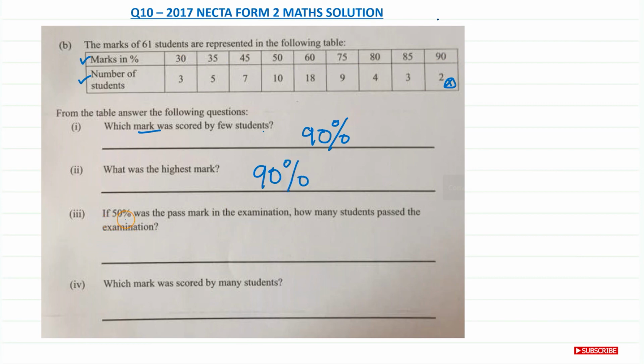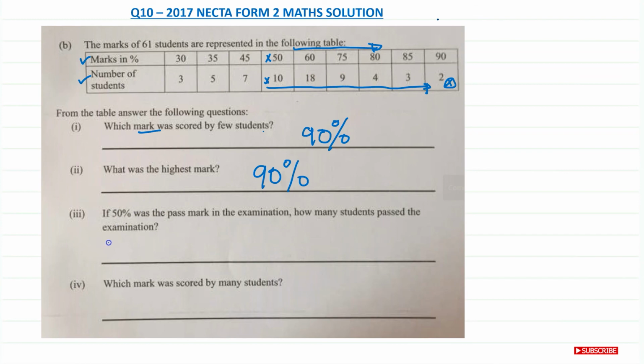Now it says if 50% was the pass mark in the examination, how many students passed the examination? So we go to 50%, it's right there. So anything from there, that way, is the number of students who got 50% or more. What we have to do is add all these numbers of students.